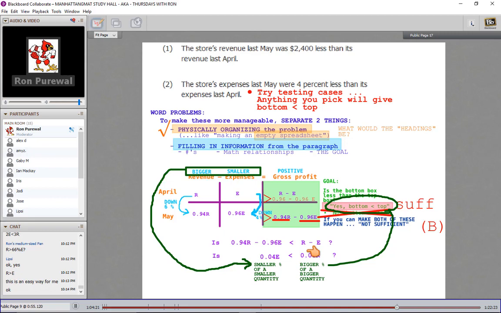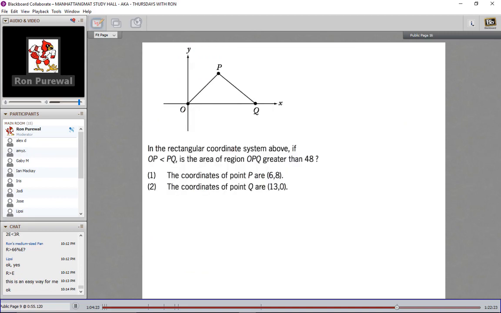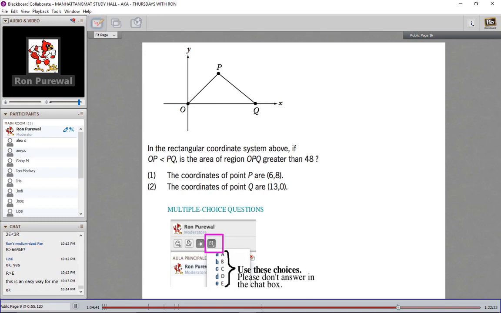Okay, let's do one more. Let's do this one. Don't forget where your multiple answer choices are located. This is the last problem of the calendar year. Goal setting, this is the goal. What's not the goal, guys?